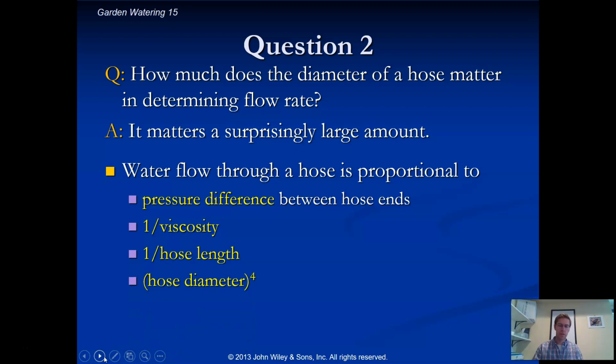And the diameter, as we mentioned, plays a huge factor. What you'll see in the equation is that diameter is actually to the 4th power. So you get way more flow rate with a small increase in diameter. In fact, when we were building our house, we did all of our own plumbing. My dad was plumbing our master bathroom upstairs, and I asked him specifically to redo one of the water lines to our bathroom.